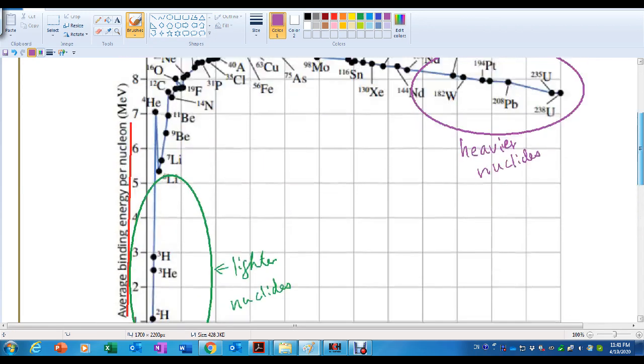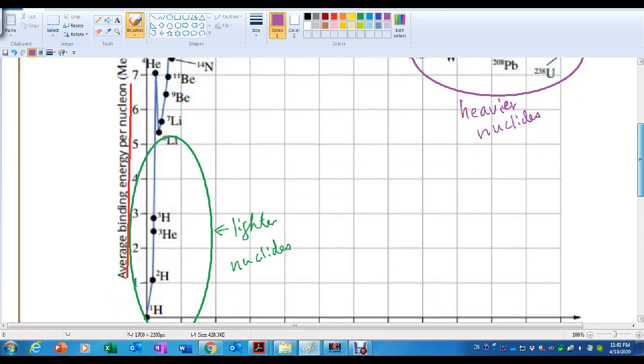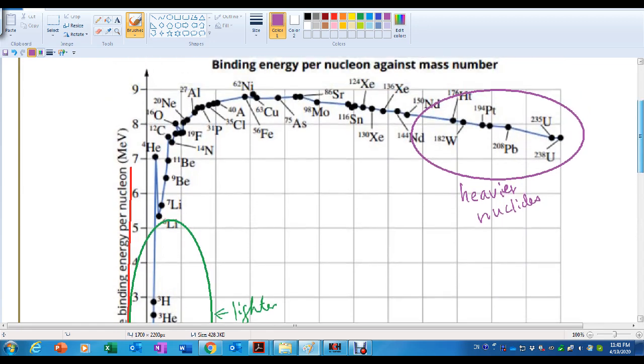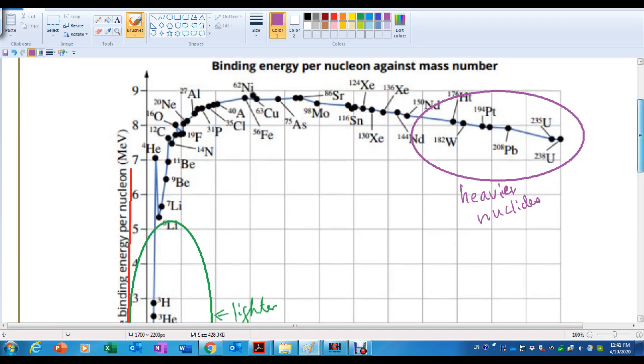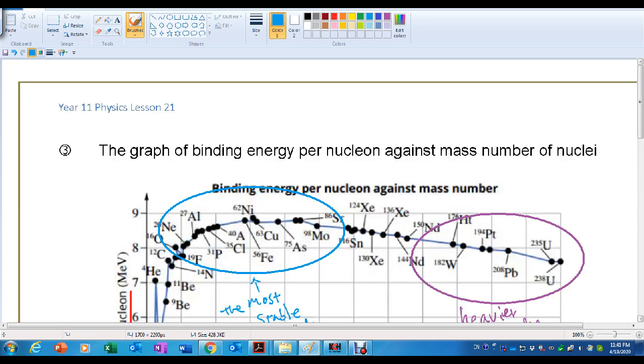When you compare, of course heavier nuclei seem more stable in terms of binding energy per nucleon. But they are not the most stable part. The most stable part is for the medium-sized ones here. So nuclei around here are the most stable nuclei.